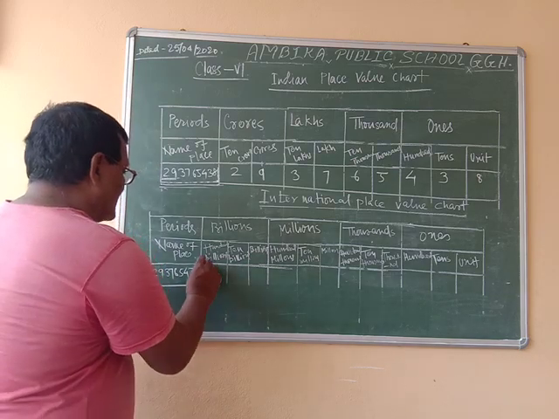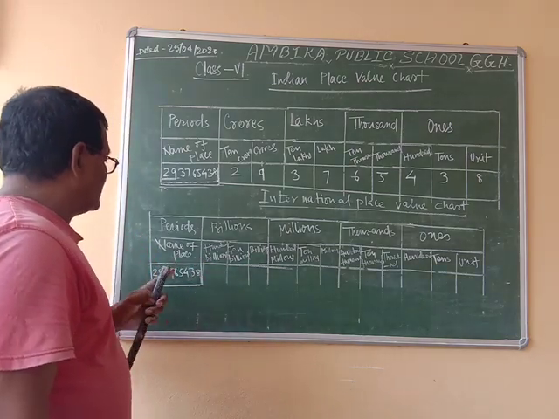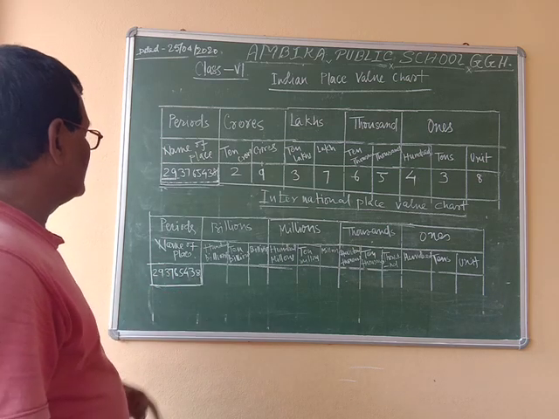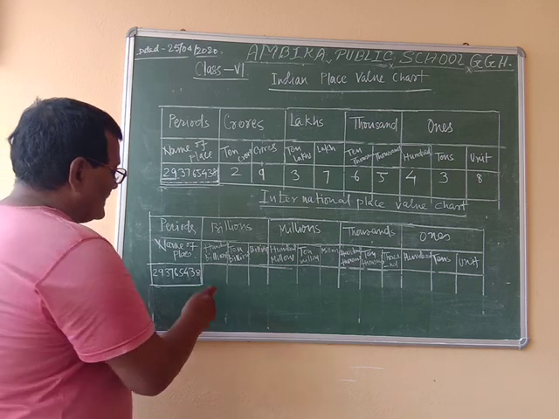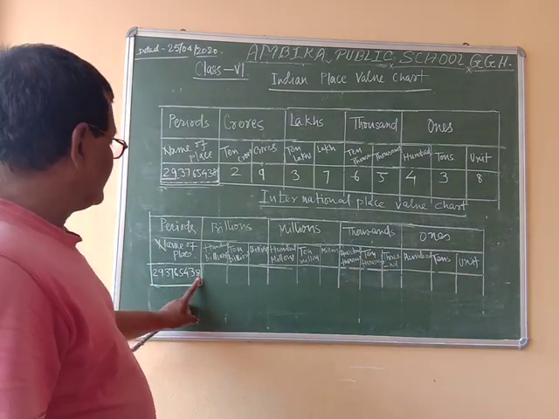Now I am going to write the digits of the given number in the place value chart. At ones place is digit 8.